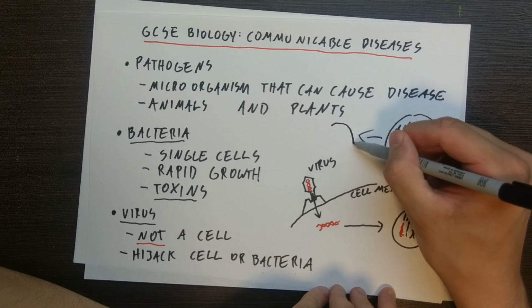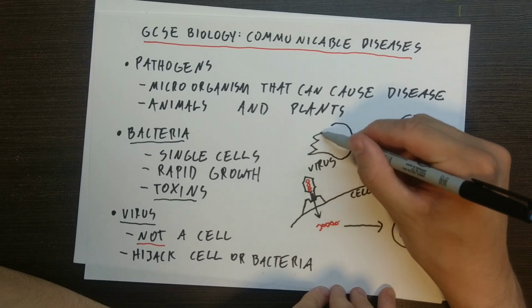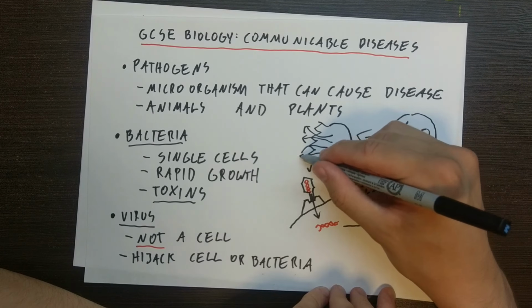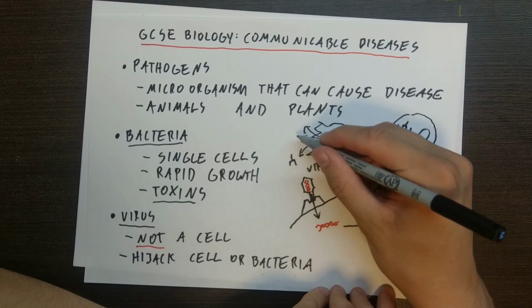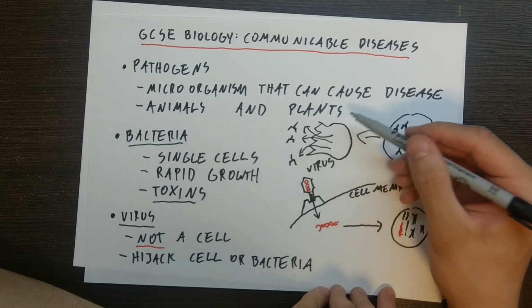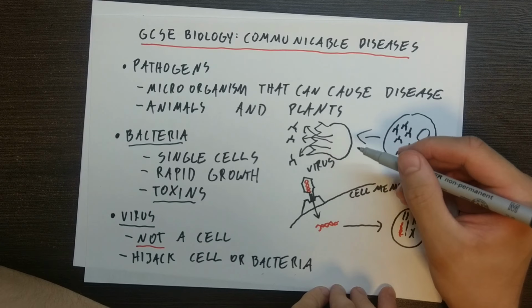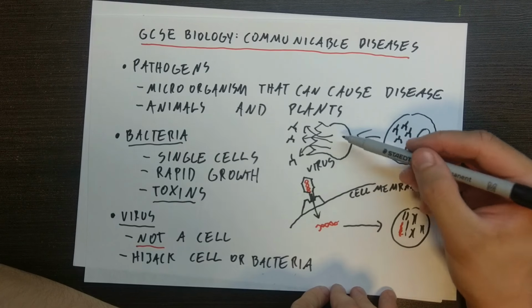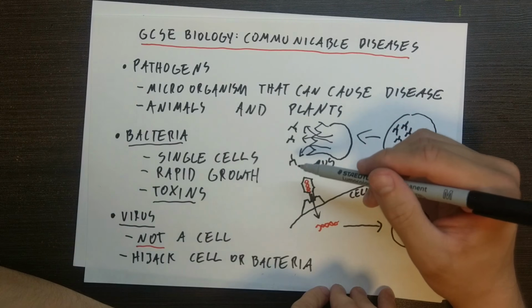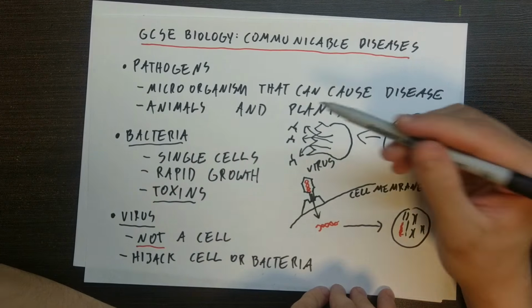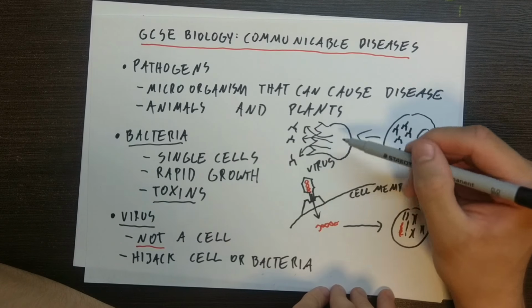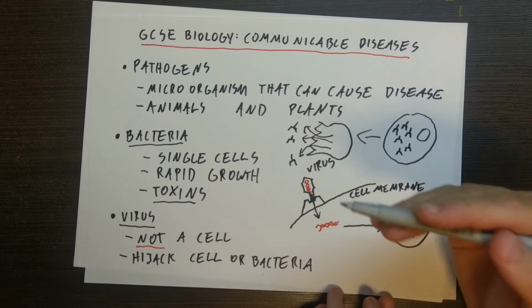However, as they all come out of the cell, they rupture. They break the cell membrane, and thereby they kill the cell. And now you have lots of these viruses, thousands upon thousands of them, that can go on and infect more cells. And because the cells are getting killed, we get cell damage.